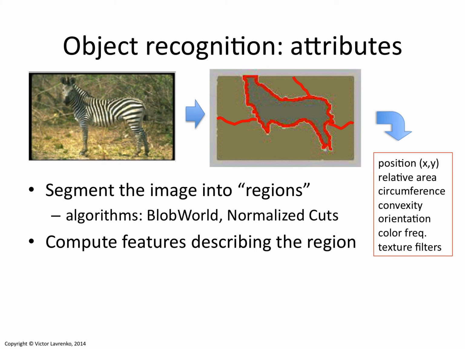And then of course you can use the same texture filters that we used to segment the image. So is the region smooth? Is the region stripy? Is it sort of dotted? If it has stripes, are they thick stripes or are they tiny little stripes? Are all the stripes roughly in the same orientation? Are they all roughly vertical or maybe roughly horizontal?